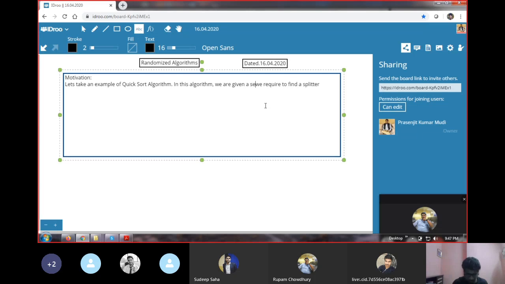We are given a set of elements, let's say S, and we require to find a splitter, let's say y.